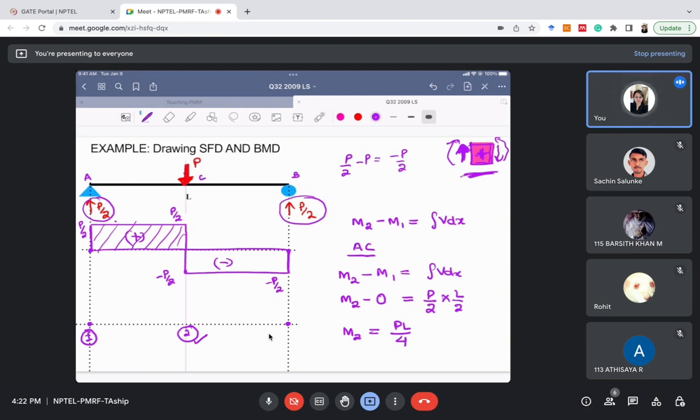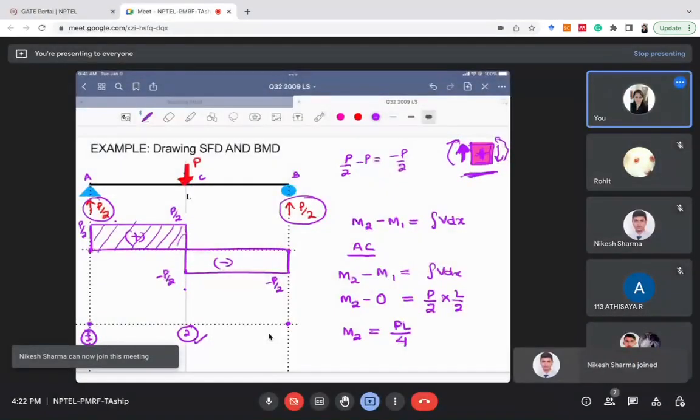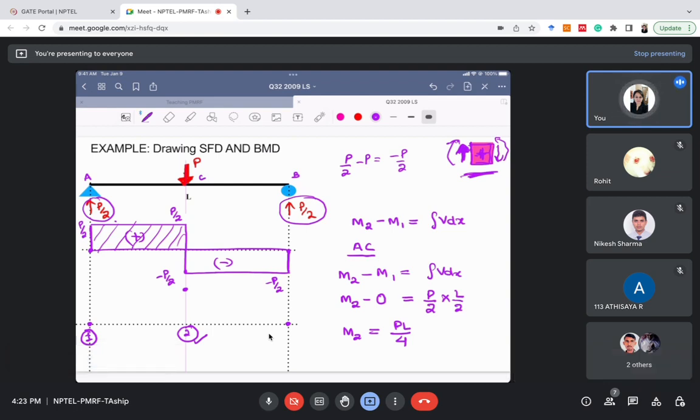It is plus PL by 4. Now we know the bending moment at all three sections. At section A it is 0, at section B it is 0, and at section C we have calculated the bending moment as PL by 4.